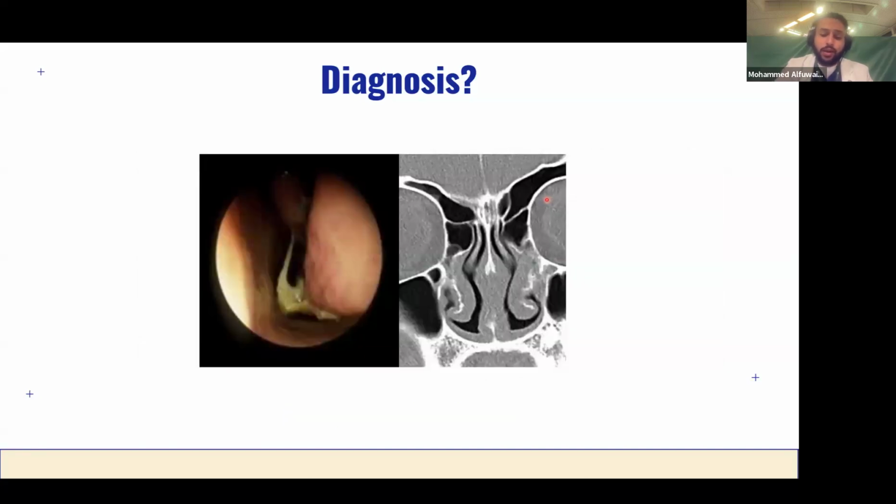Okay. Now, this needs a history before you diagnose it, because by looking at it, it's rhinitis, simple, and large turbinates. But if I tell you this patient had allergic rhinitis and has been using the decongestant for 10 days, and they got worse.